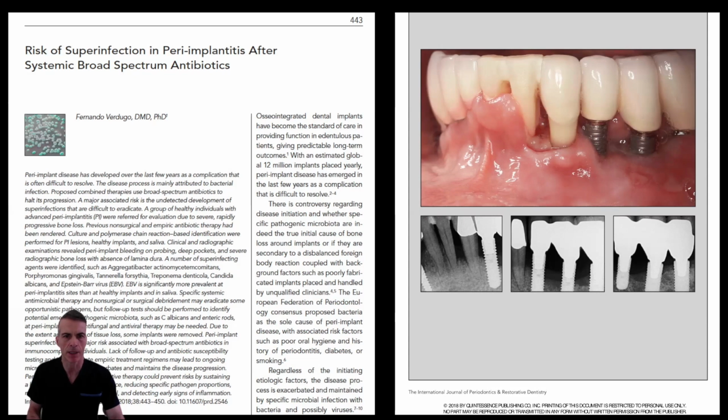There is definitely a risk of prescribing empirically broad spectrum antibiotics, especially for these peri-implantitis lesions. They harbor opportunistic pathogens, superinfecting agents that oftentimes have the ability to block penicillins. They have these enzymes, beta-lactamases, that can definitely block the ability of our antibiotics to do their job.